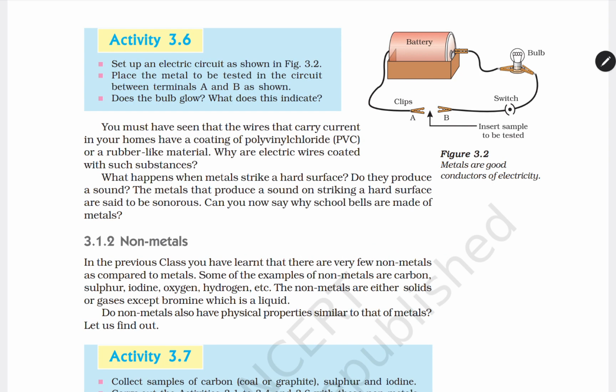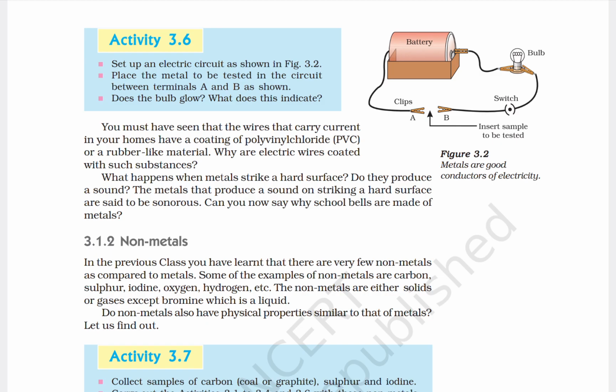Here is another observation. Whatever electric wires we use at home, we will see that they have a coating, a PVC coating, a rubber-like material on the copper wire. If you cut that rubber-like material, you will see the copper wire inside, is it not?